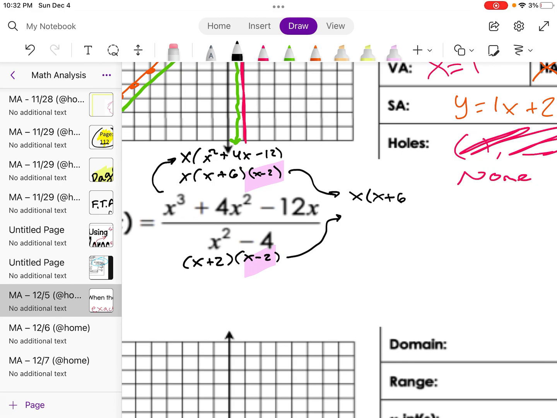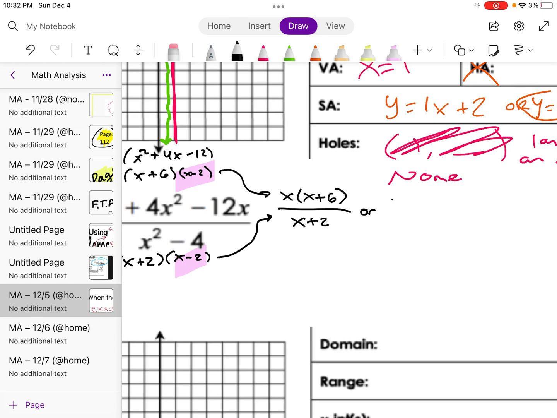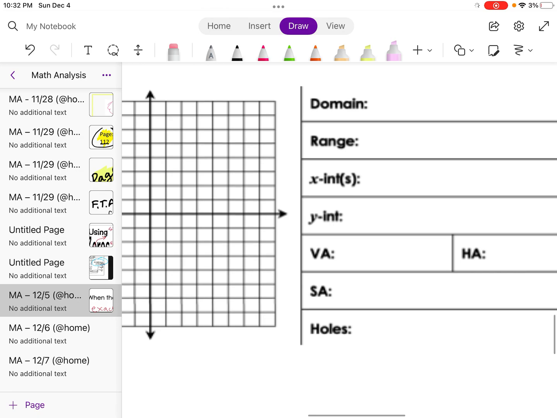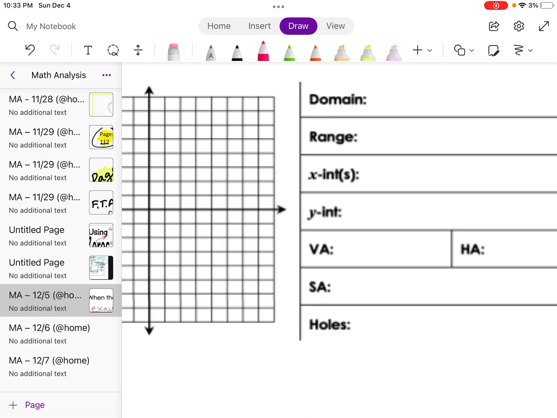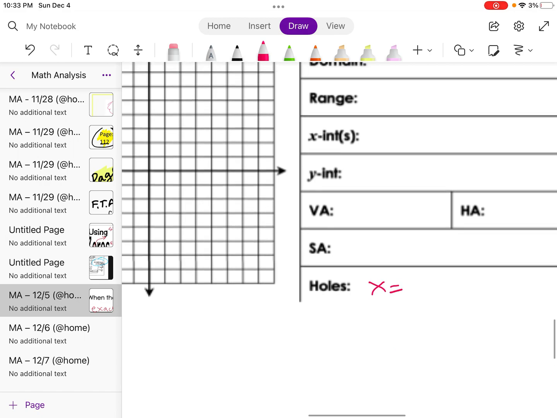So now I've got x times x plus 6 over an x plus 2. Or if you wanted to write it as one value, x squared plus 6x over x plus 2. So since I had those items cancel out, it tells me I have holes. So I've got holes at x equals 2.